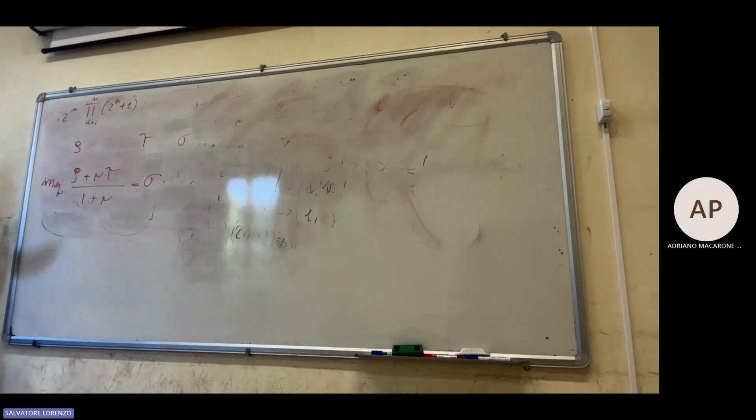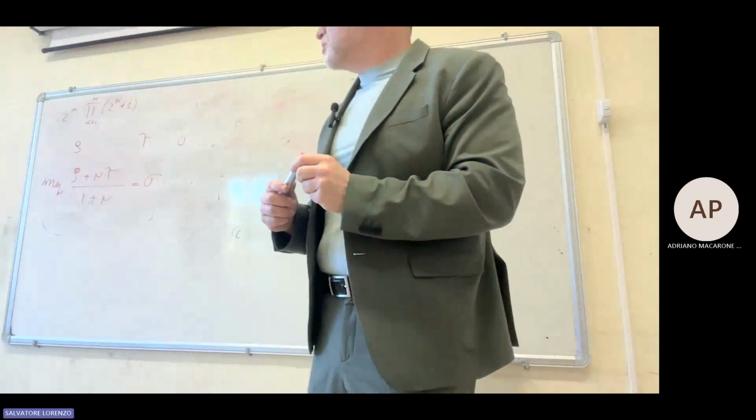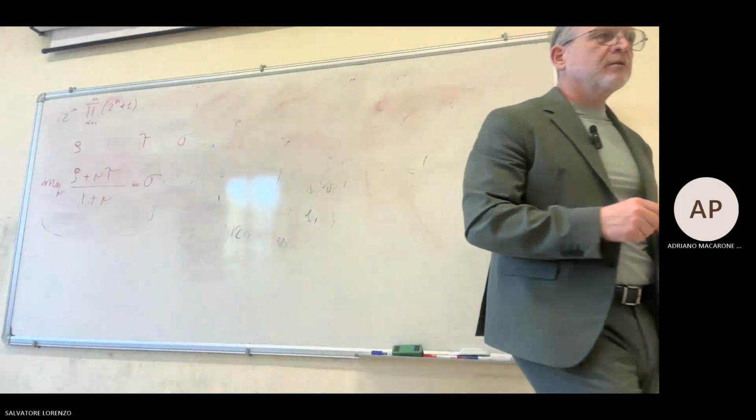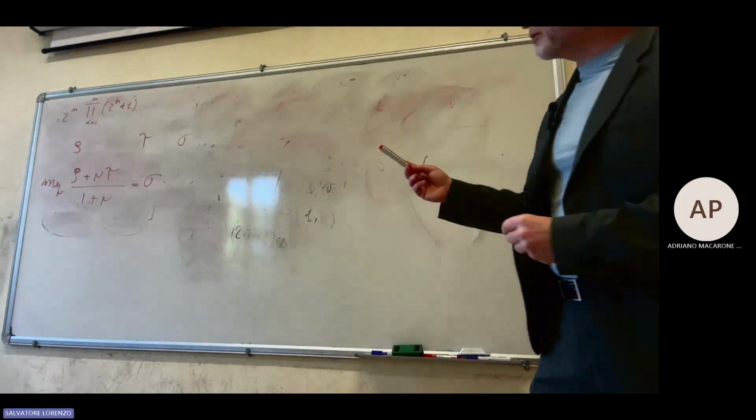So, advantage and disadvantage of this expression. Huge advantage: it works for pure states, mixed states, whatever kind of state you want. This is not only for magic, also for entanglement, also for coherence, for discord, for everyone.